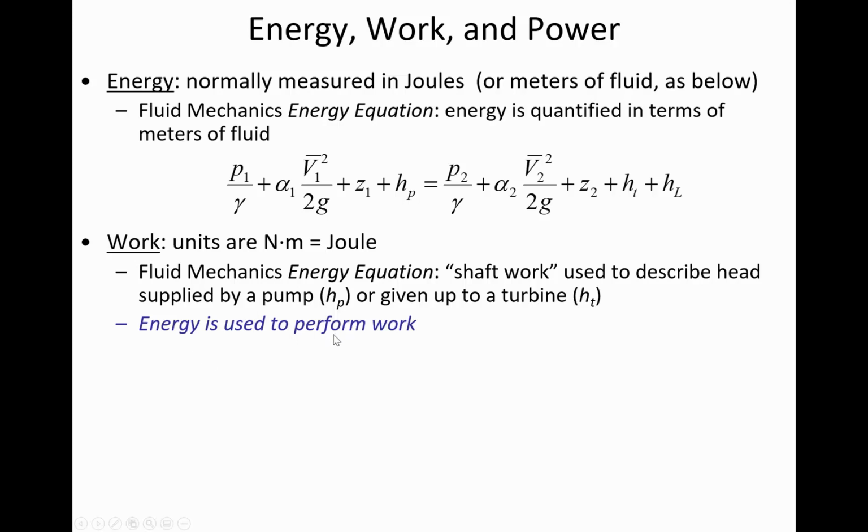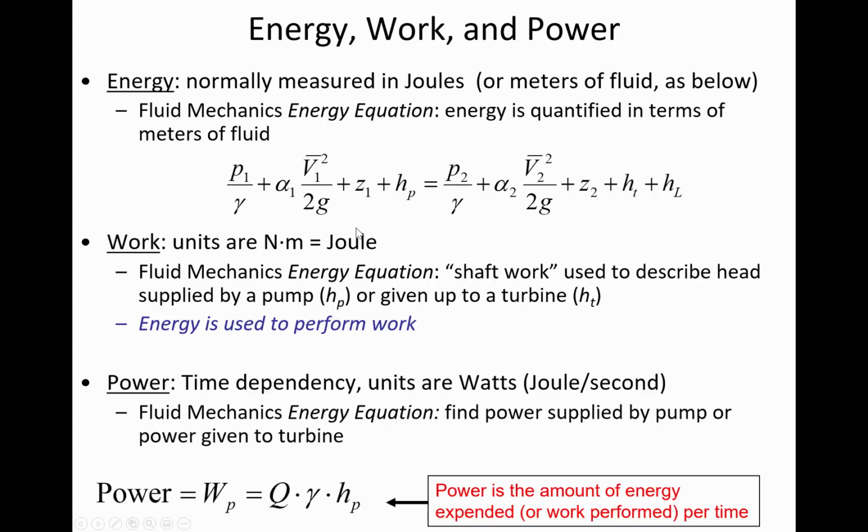Work is the task that's being achieved, for example, moving the water from place to place or spinning a turbine. And so the energy that's upstream, like the elevated water inside of a reservoir, the Z1, is that potential energy that's used to perform the work of moving water through a pipeline.